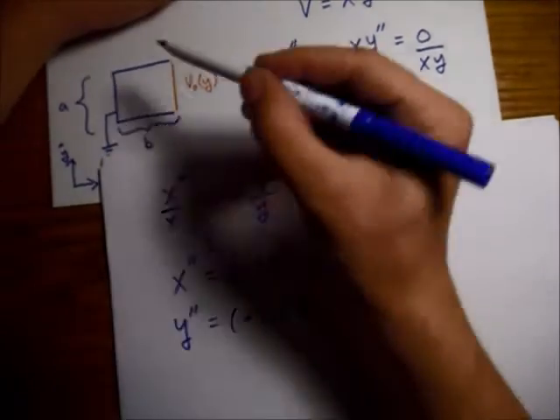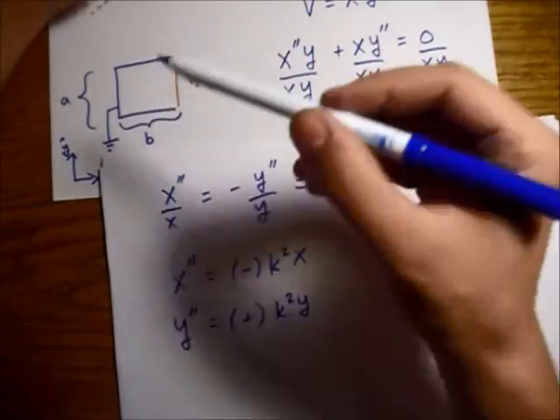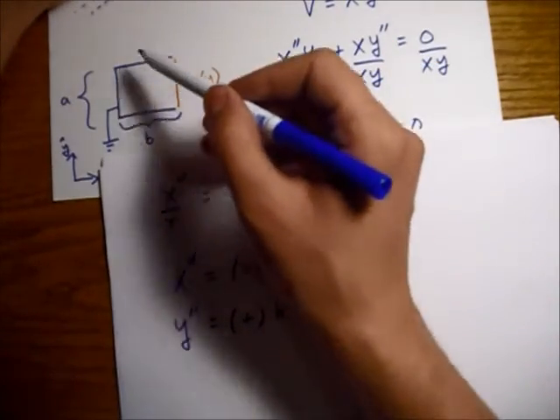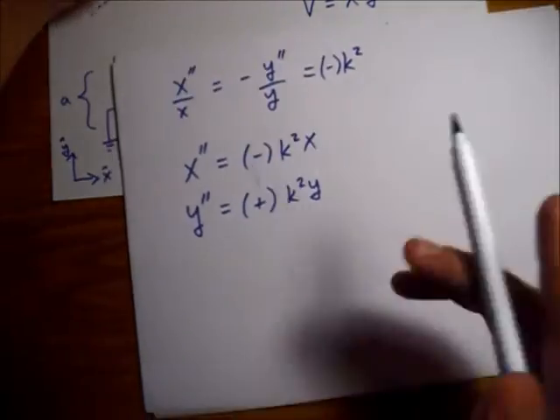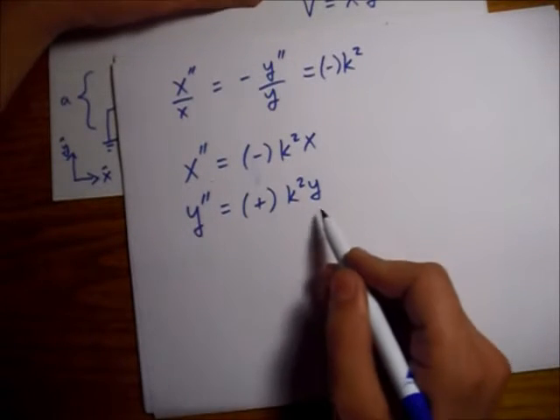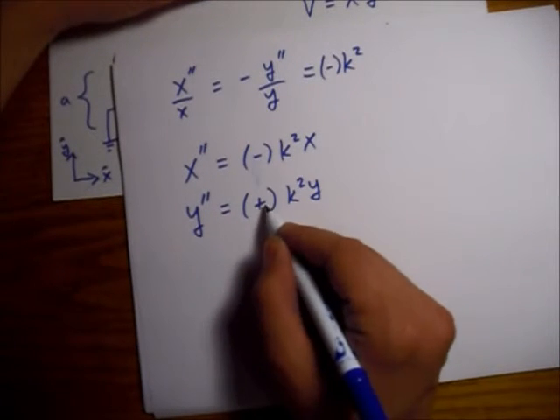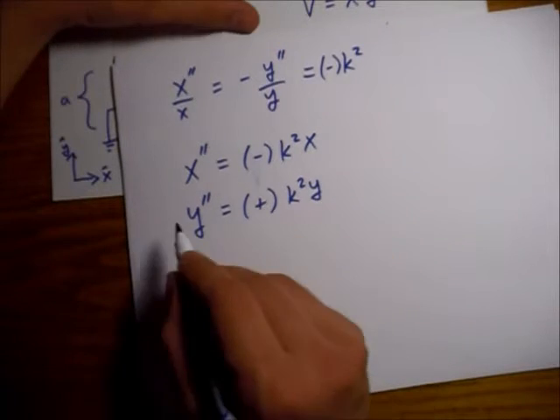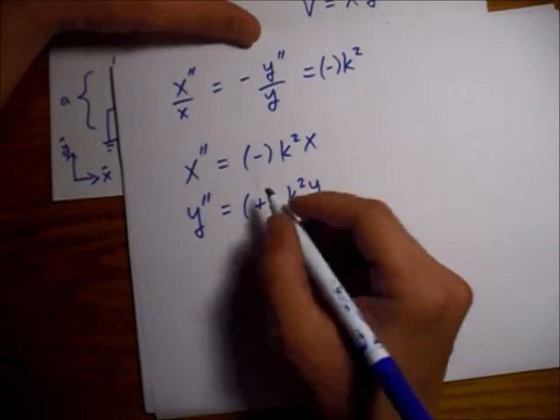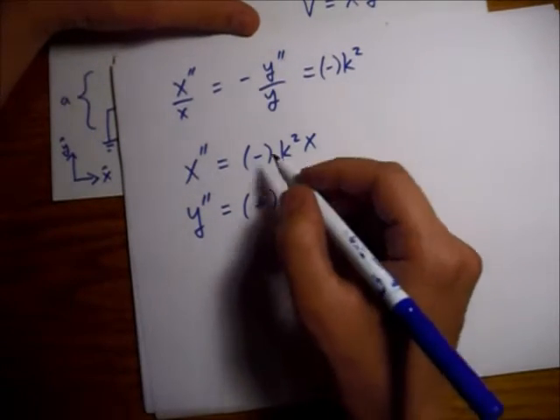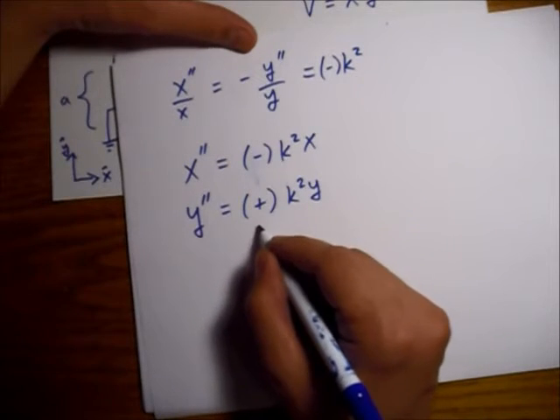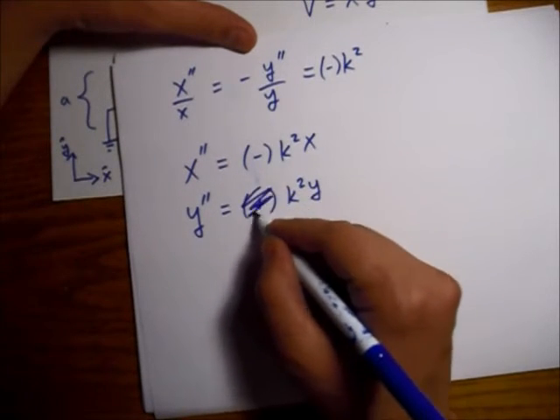Because this is in the y direction, we want our trigonometric functions in the y direction. Remember, the minus sign gives us the trigonometric functions, and we want that in the y direction. So I picked wrong, okay? This needs to be a minus sign.